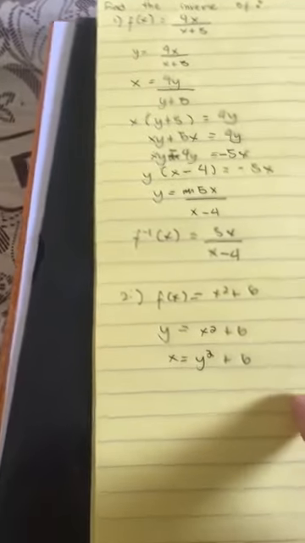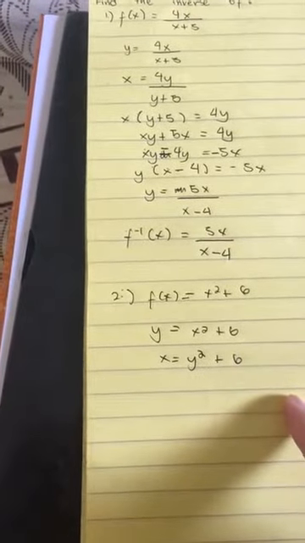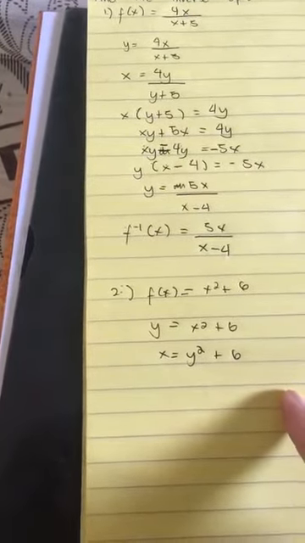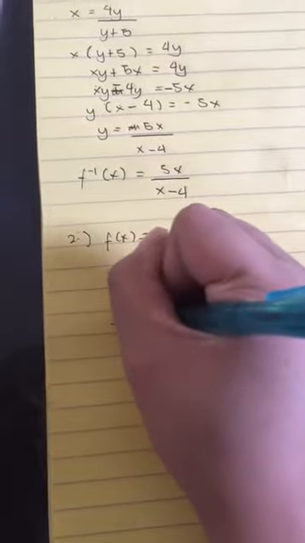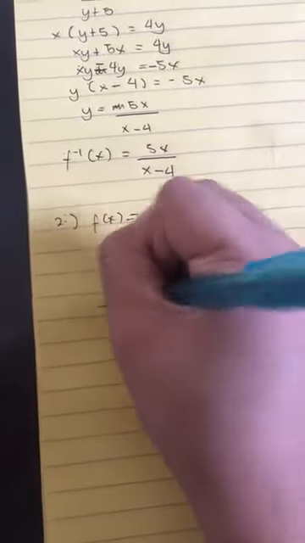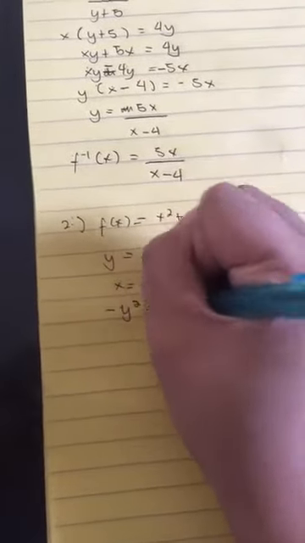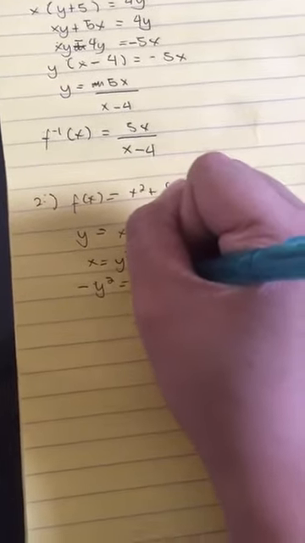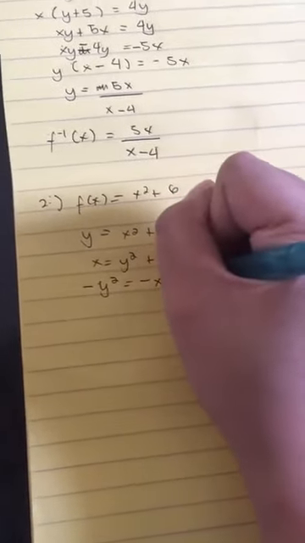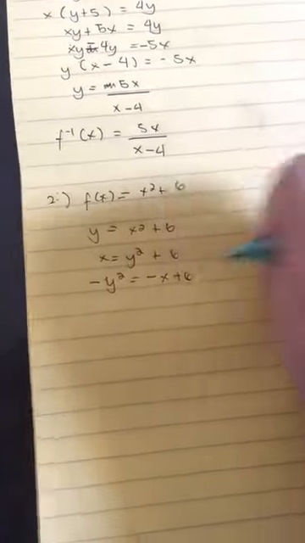Then we are going to solve for y. And it will become like this. So we have negative y squared equals negative x plus 6.